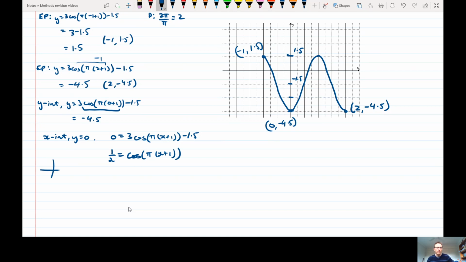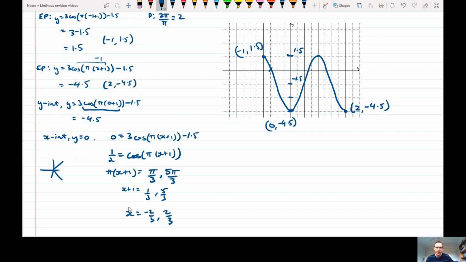Well, that's going to be pi on 3 in the first quadrant, and in our fourth quadrant there. So we're going to have pi bracket x plus 1. You get pi on 3 in your first quadrant, and you get 5 pi on 3 in your final quadrant. Divide it by pi and subtract by 1, and you'll end up with -2/3 and 2/3.